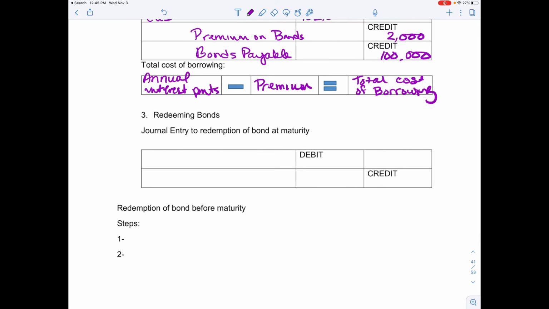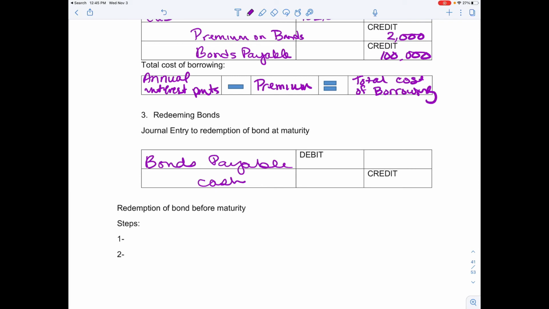And finally, redeeming the bonds just means you're paying them off. So you're going to record that debit to your bonds payable and credit to cash. At times, depending on what type of bond you have, you might want to pay it off before its maturity date.